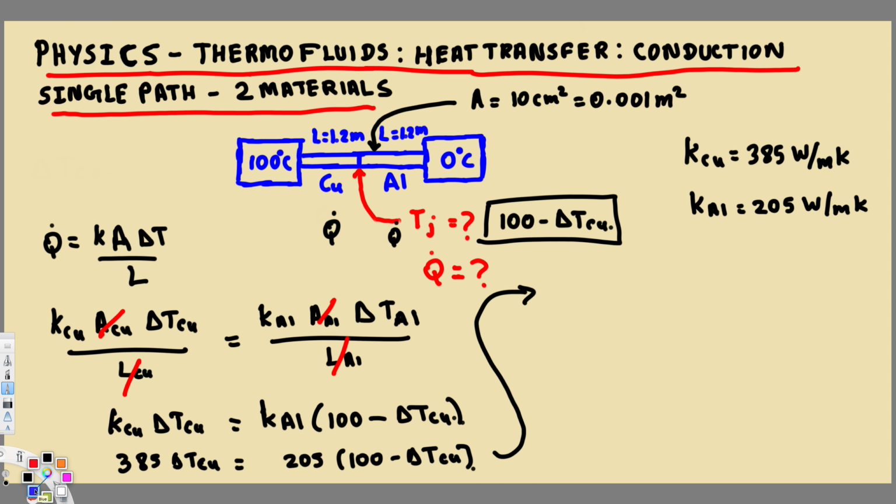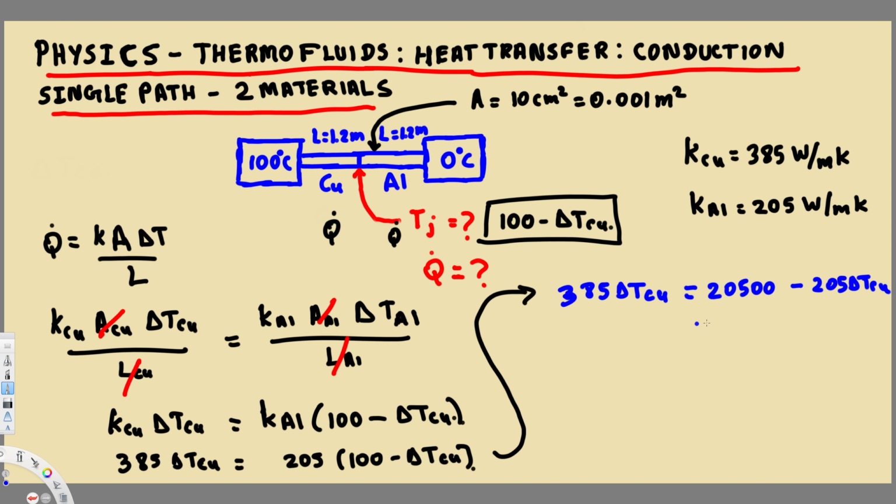Here we have 385 delta T copper, and on the other side if we multiply 205 times 100, that's going to give us 20500 minus 205 delta T copper, and then we have to solve for delta T copper, right?